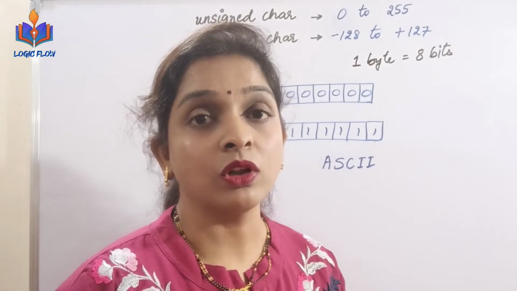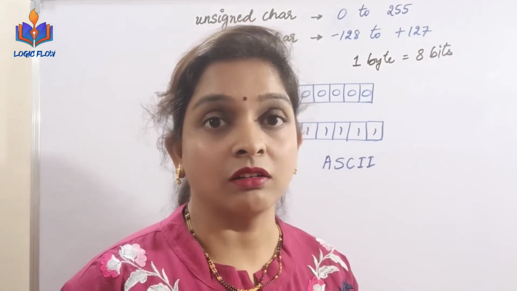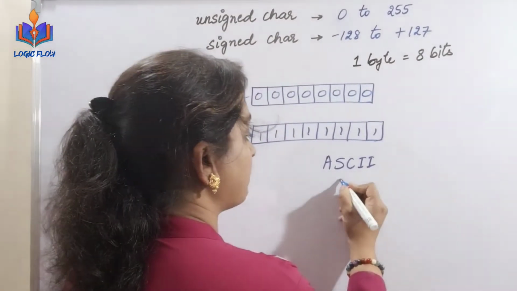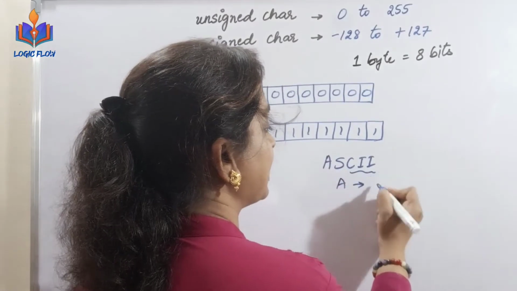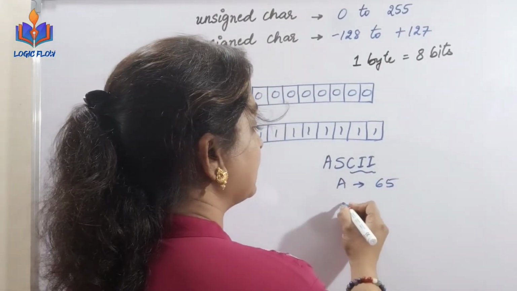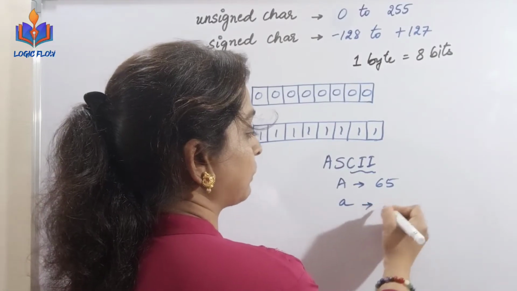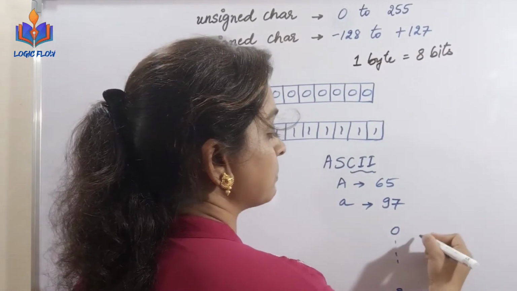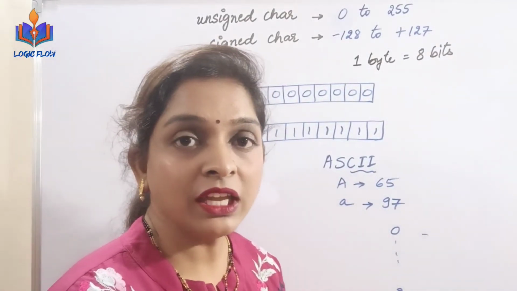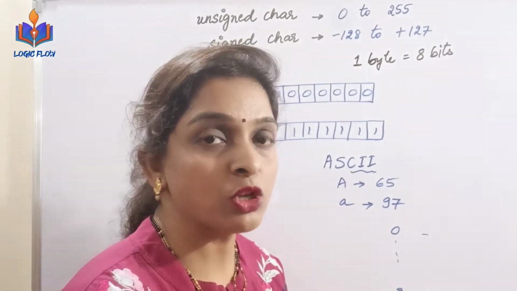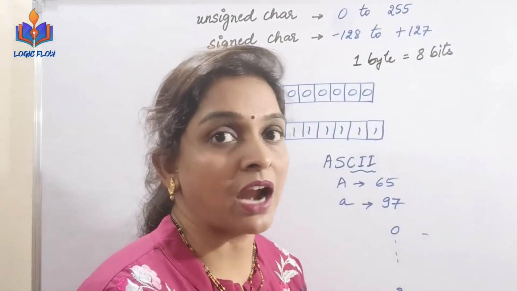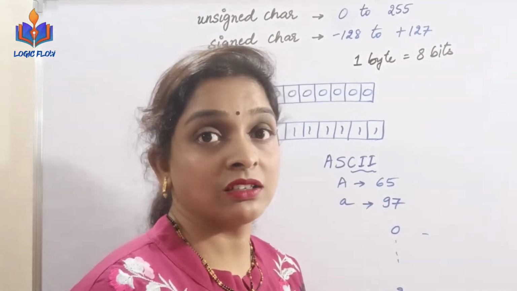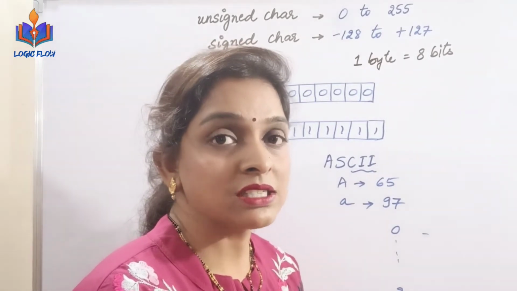Using this code, we convert each and every character to some number code. For example, the capital A is associated with the ASCII code 65, and the lowercase a is associated with the ASCII code 97. Again, for 0 to 9, you have some ASCII codes like this. Every character is associated with some code, and the most popular is the American Standard Code, which we cannot change, and that code is understandable by the machine.